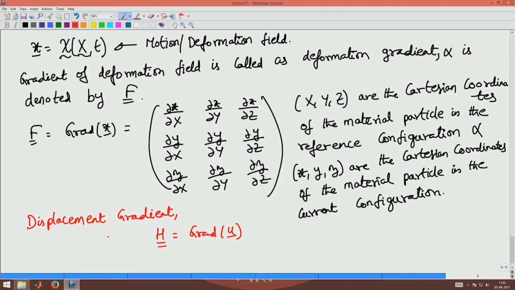Now, there is a difference between the deformation gradient and the displacement gradient. Deformation gradient is on the position vector of the particles, while displacement gradient is on the displacement of the particles. Hence, the expression for the deformation gradient in cylindrical polar coordinates will be different from the expression for the displacement gradient in cylindrical polar coordinates; they are not the same.